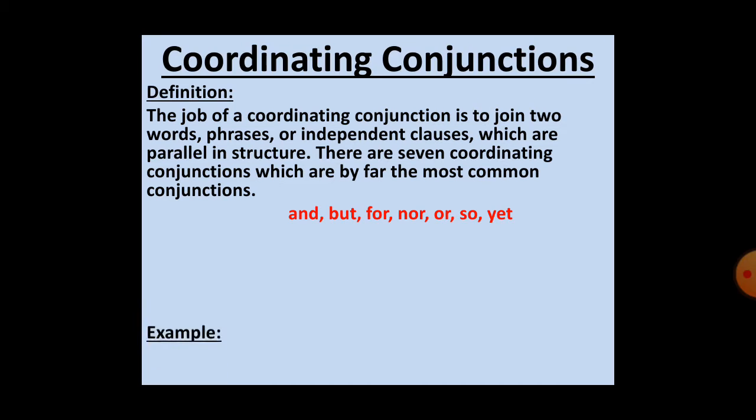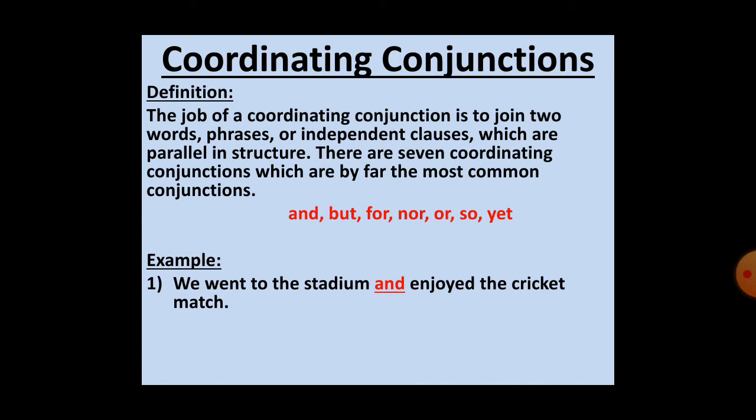Okay, so example of coordinating conjunction: we went to the stadium and enjoyed the cricket match. Okay, so and joins two verbs like went and enjoyed. Okay, so this is our coordinating conjunction. So coordinating conjunction's duty is to combine or connect similar or same category sentences, words or phrases.